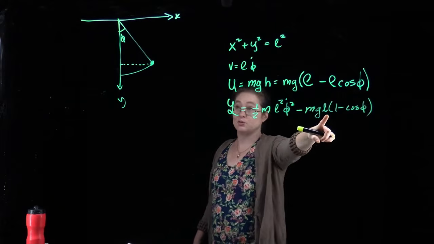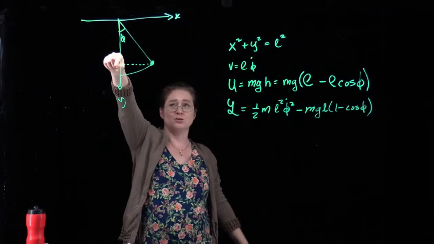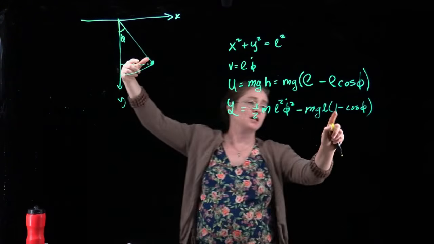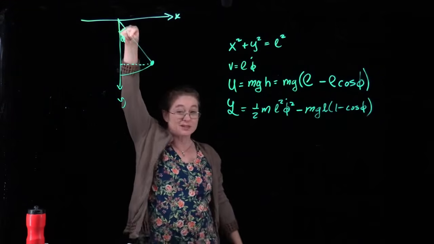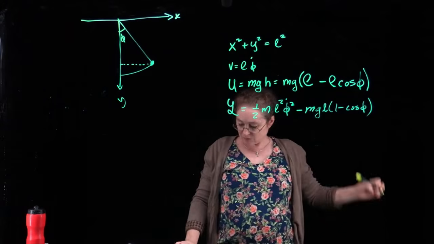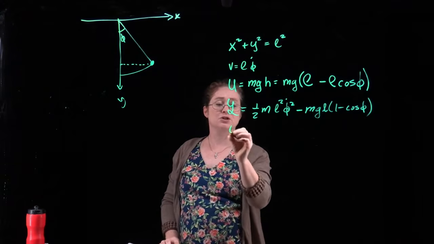Now this term is constant, so all that really matters is that you get the negative cosine phi dependence of the potential energy. You can set your 0 somewhere else. It doesn't matter. All right, then this is our Lagrangian.